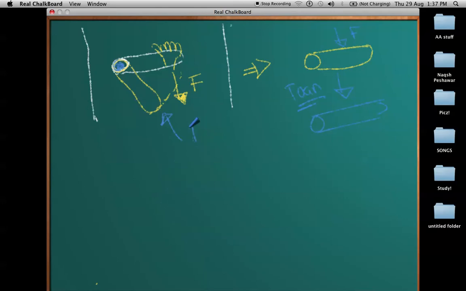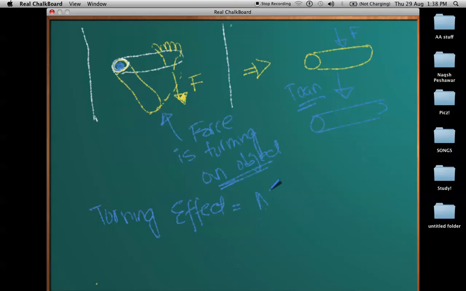In this case, the force is turning an object. Here it becomes a turning force, and this turning effect of a force is also called the moment of a force, or torque of a force.